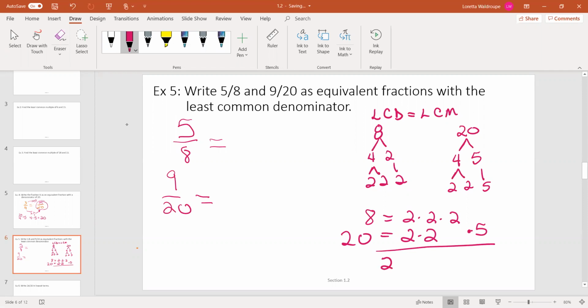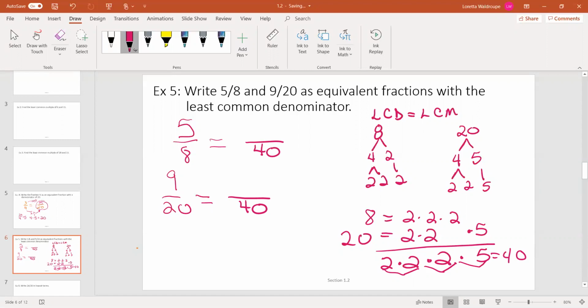So I have 2 times 2 times 2 times 5 if I bring down each column. If I multiply all those, 2 times 2 is 4, times 2 is 8, times 5 is 40. So I want to rewrite both of these fractions with a denominator of 40.